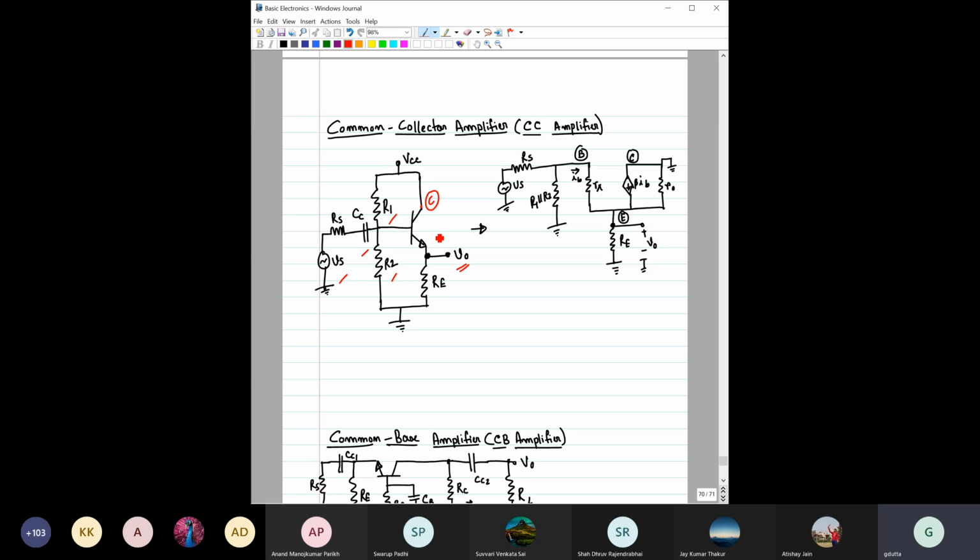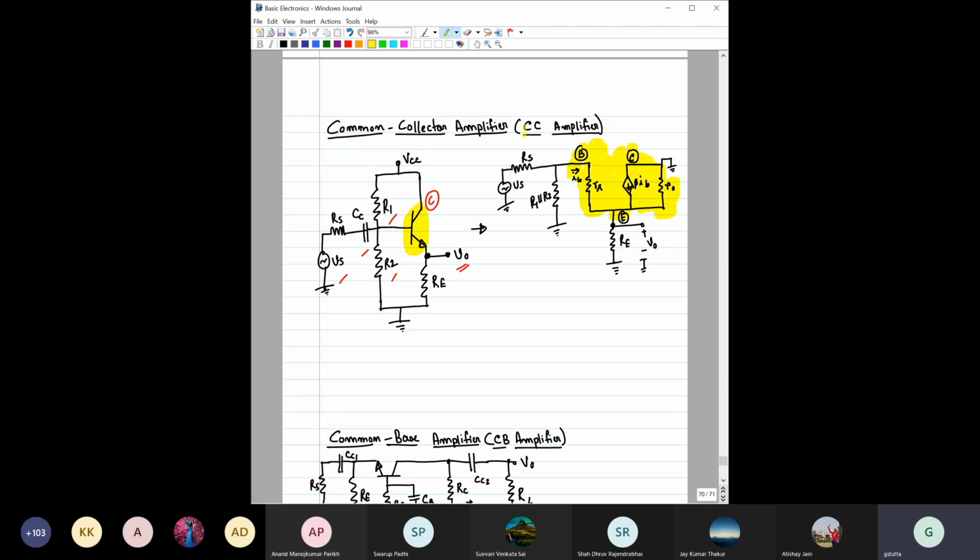Now if you want to draw its small signal analysis and find its gain, the procedure is again the same. First, draw the small signal equivalent circuit of this transistor, which you already know, including r0 if you are considering the output resistance, meaning the early effect.